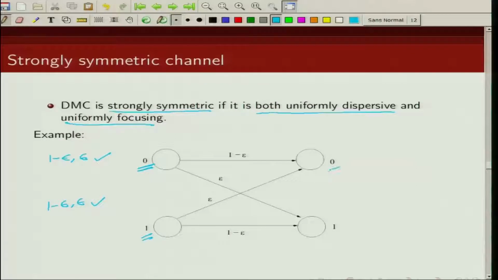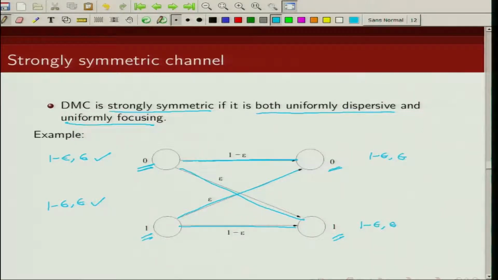Now, let us look at the outputs 0 and 1. What are the transition probabilities of the transitions terminating at each output? This is 1 minus epsilon, this is epsilon. Similarly, here it is 1 minus epsilon and epsilon.